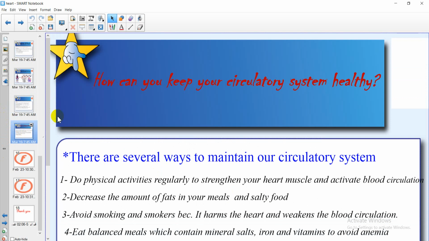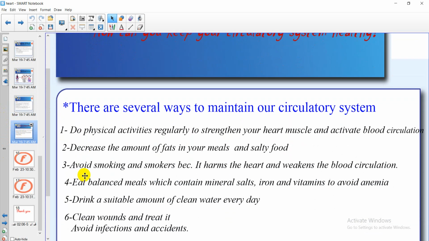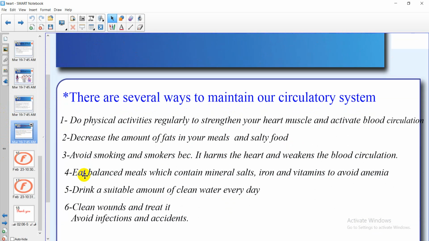There are a lot of ways to maintain your circulatory system healthy. Do physical activities, do exercises, go to the gym to strengthen your heart muscles and activate blood circulation. Decrease the amount of fats in your meal and salty food.